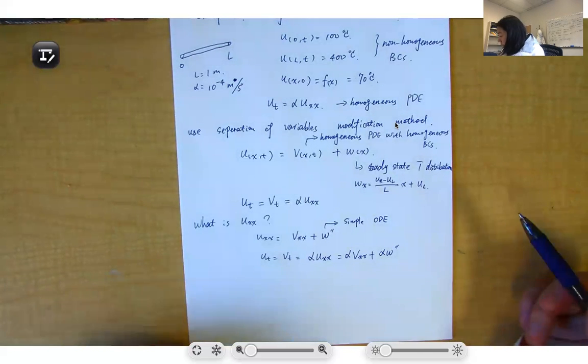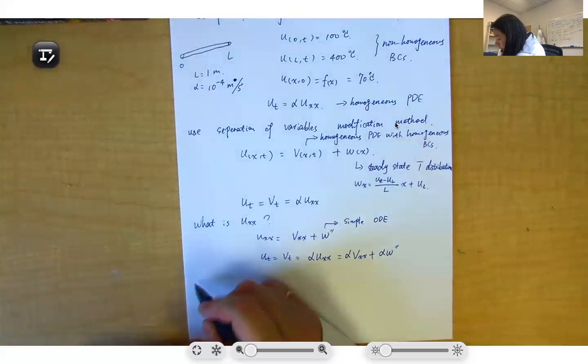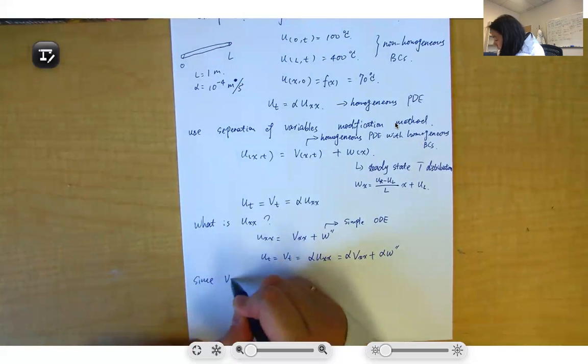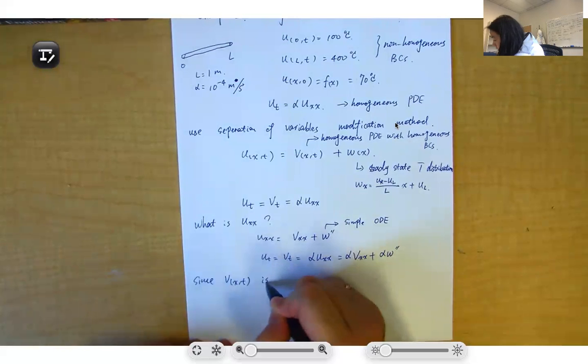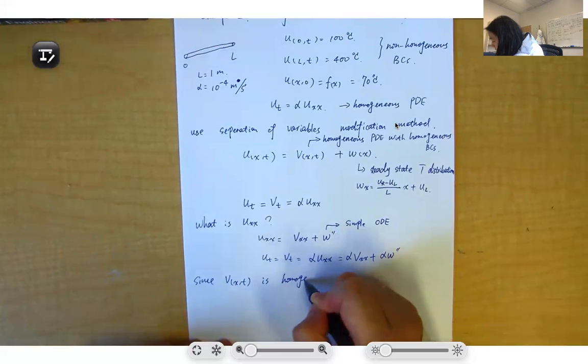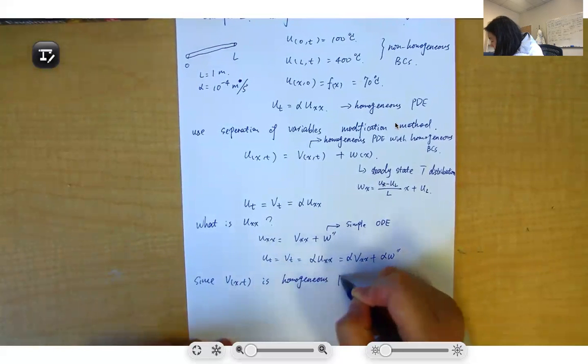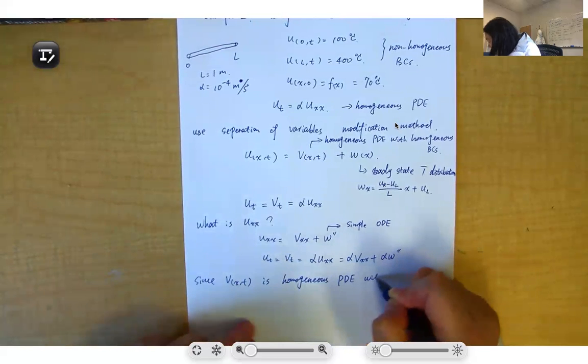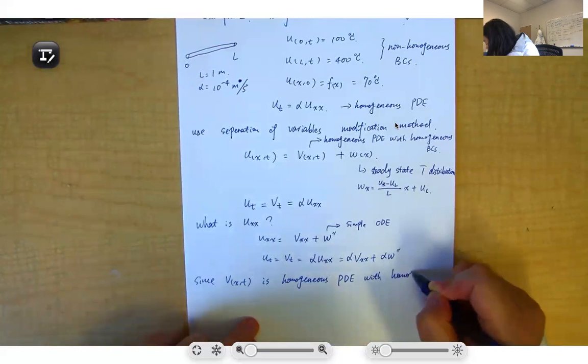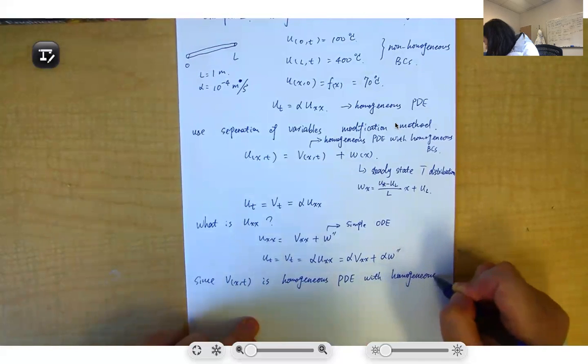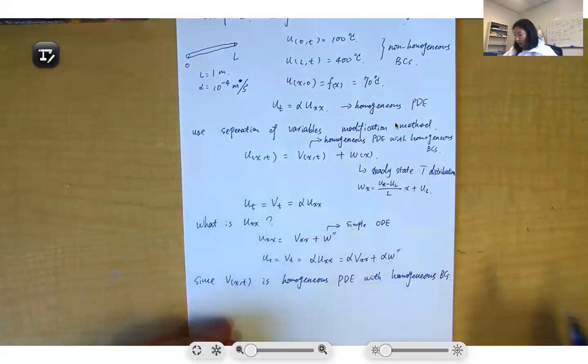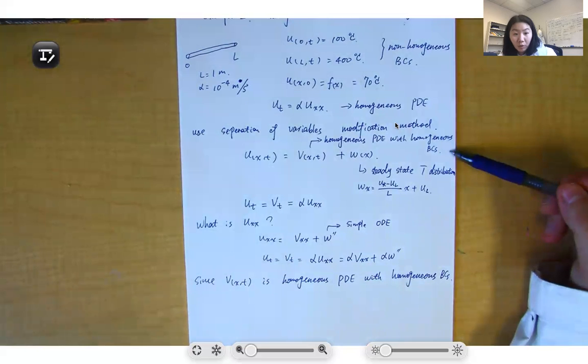Okay. Then what we have here, since V(x,t) is a homogeneous PDE with homogeneous boundary conditions, that is our assumption to do this modified separation of variables.